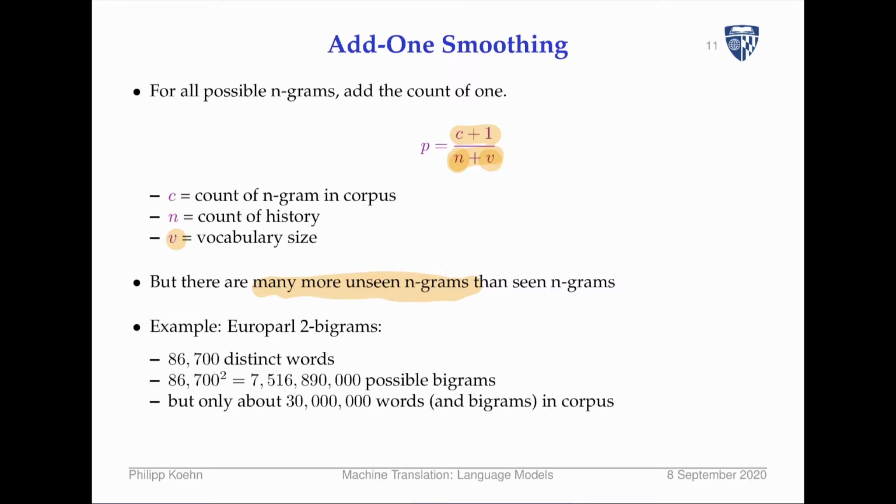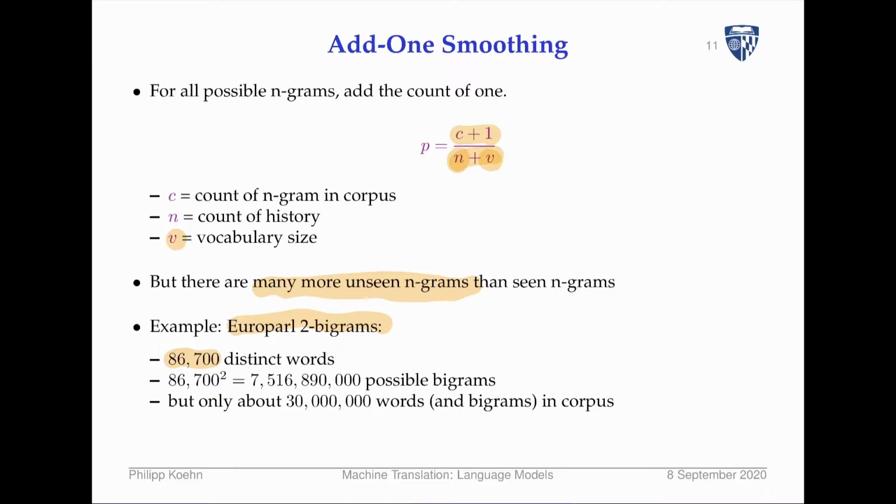And here's an example for the European bigrams. So we're just looking at word sequences, 2 words. There are 86,700 distinct words in it. It's a corpus of 30 million words. We went over the whole Zipf's law. We also know that about 30,000 of them are just words that occur exactly once.